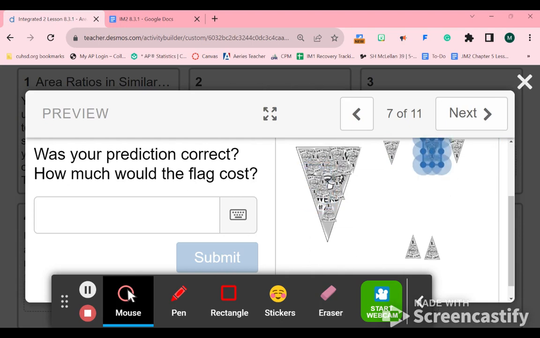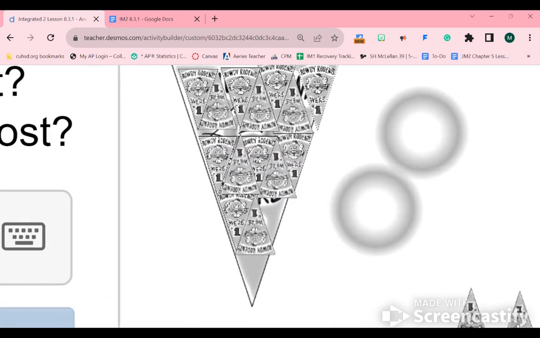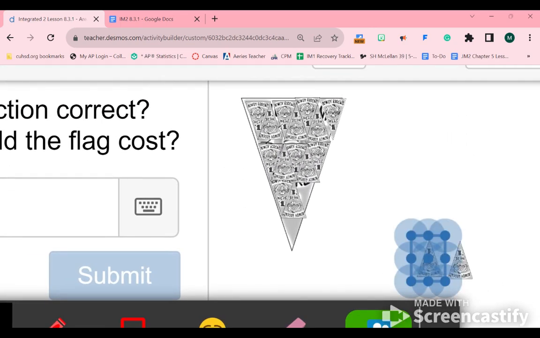Almost done. Taking a while. It's a nice day out. All right. I'm not going to turn those upside down. Maybe I will. I don't know how to turn it upside down.